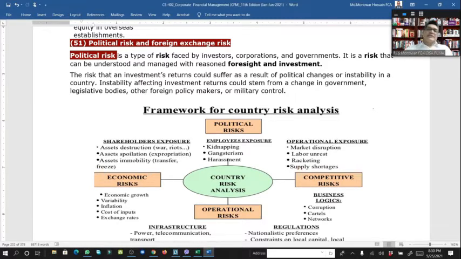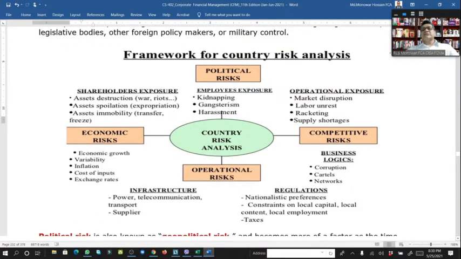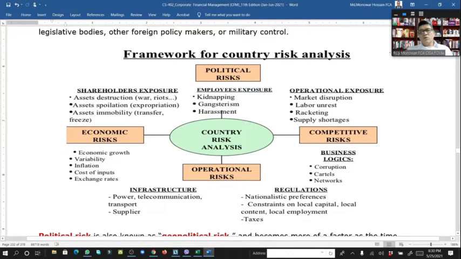If we see this framework of country risk analysis, how does an investor analyze a country's risks? In country risk analysis, there are a few basic points. One is political risks, another competitive risks, another operational risks, and number four, economic risks.